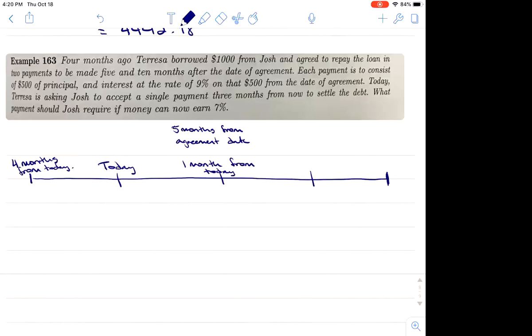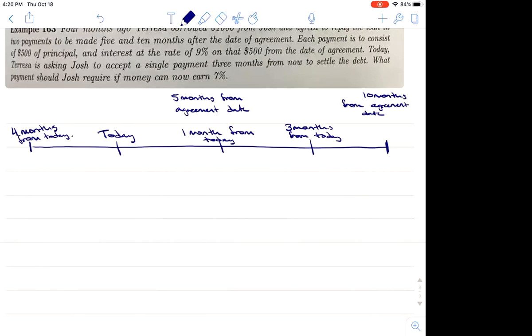So I have to have a payment 3 months from today. And up here, we're 10 months from the agreement date, which is 6 months from today.